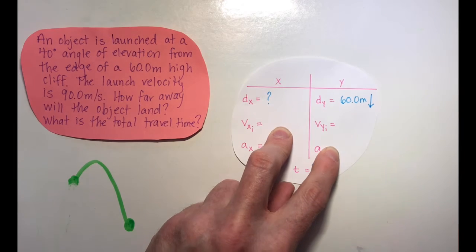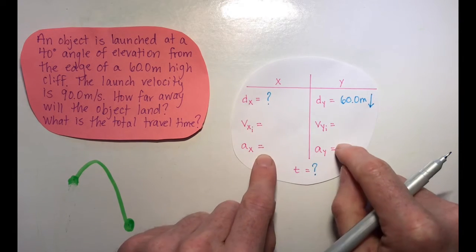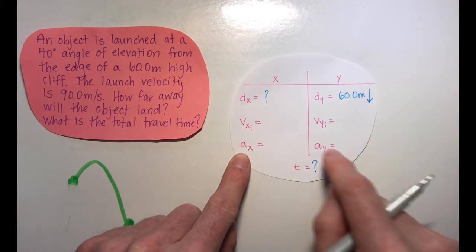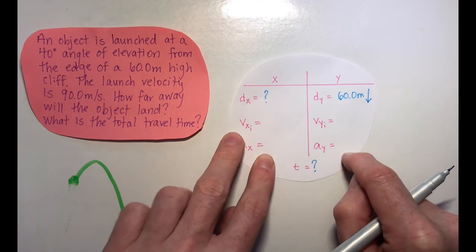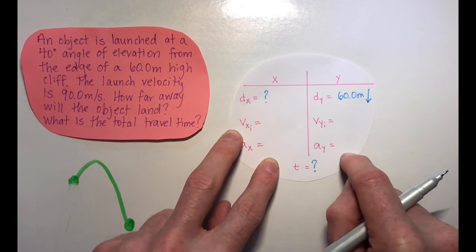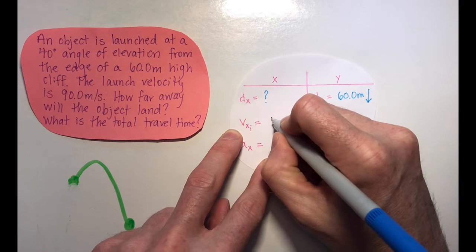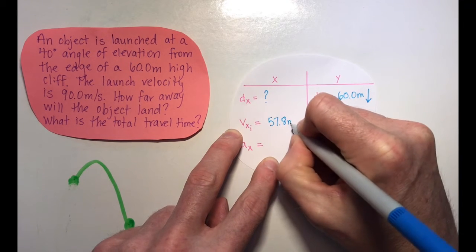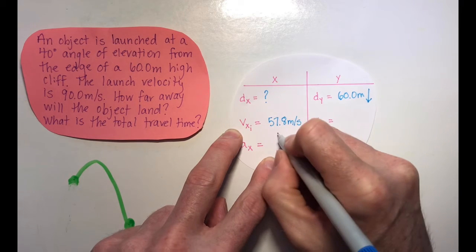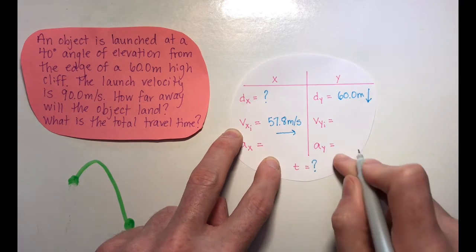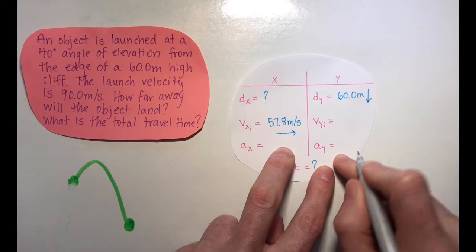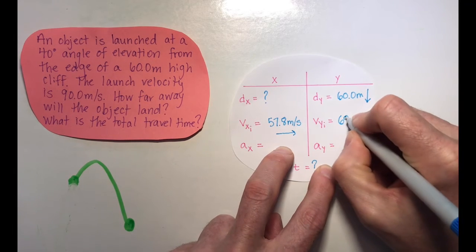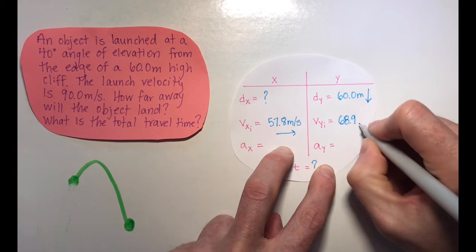We also know from the question what the velocities are for our horizontal and vertical components. We solved for those earlier. For the initial horizontal component, that's going to be 57.8 meters per second. And it's just in the direction of travel, so let's say that's to the right. For our vertical initial velocity, that's going to be 68.9 meters per second.